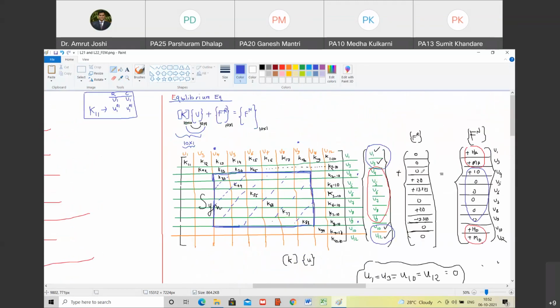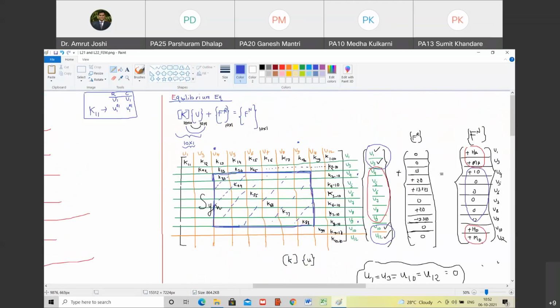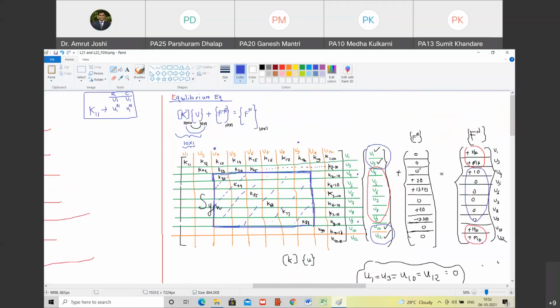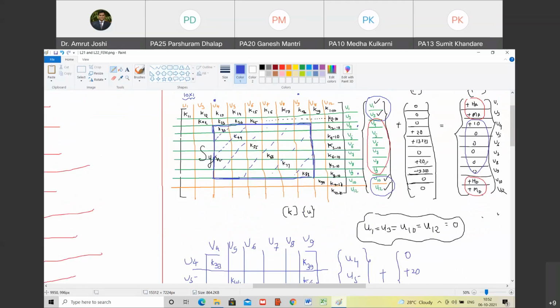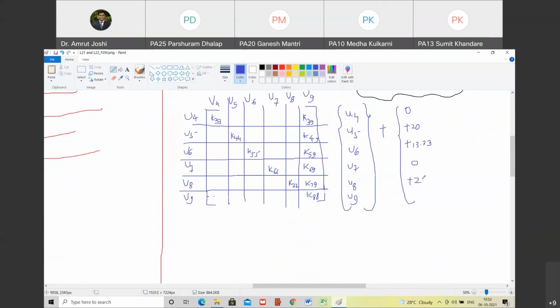Plus here also I'm going to maintain only these 6 elements, 4 to 9. So how do I write that? What is the element corresponding to U4? 0. Are you with me? 0, 0, then plus 20 plus 13.33 plus 20 plus 13.33. Agreed? Then 0 plus 20, 0 plus 20 and minus 13.33.